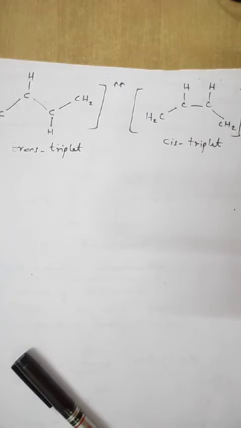Similarly, we go for cis triplet, which can react with butadiene in the s-trans configuration to give either 1,2 or 1,4 cycloaddition.